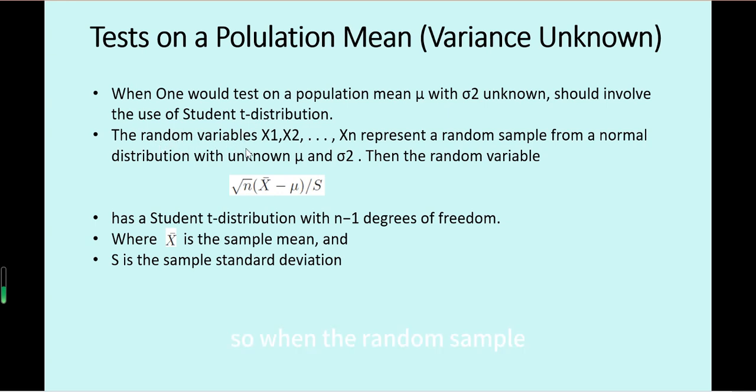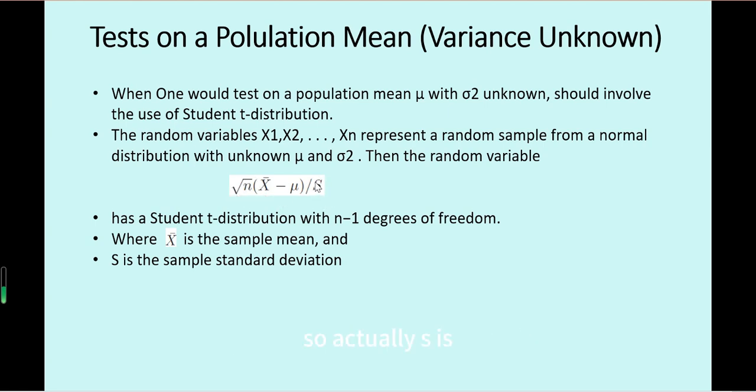When we have a random sample x1, x2, ..., xn of sample size n from a normal, or at least approximately normally distributed, distribution with unknown mu and sigma squared, then we can use the test statistic x bar minus mu divided by s divided by the square root of n.